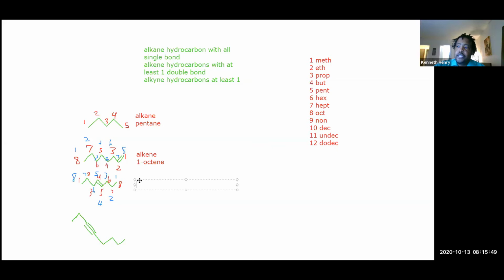So this guy here is also an alkene, but the way we would name it would be 4, because you put the double bond where it starts, so it's 4-octene. Okay, do you guys see that?